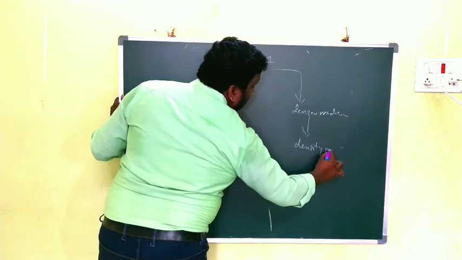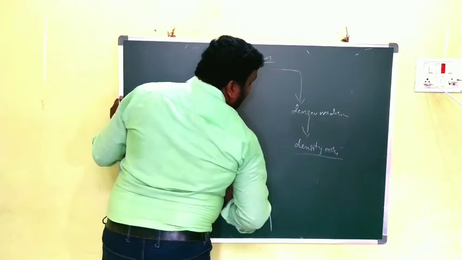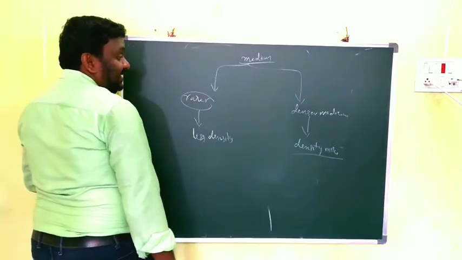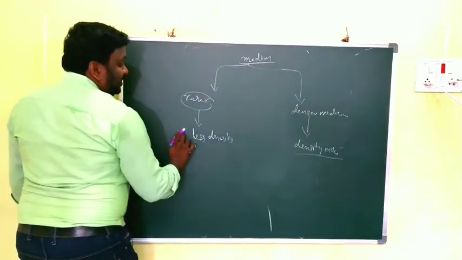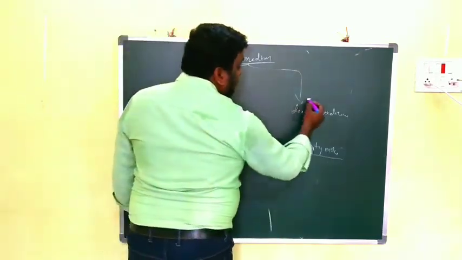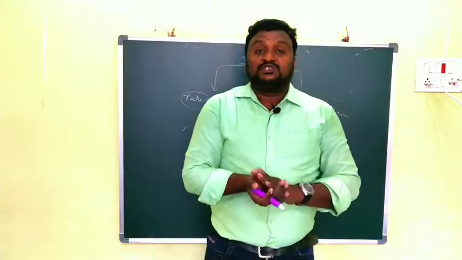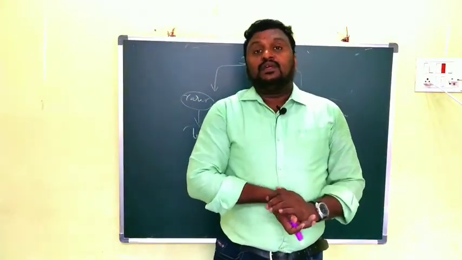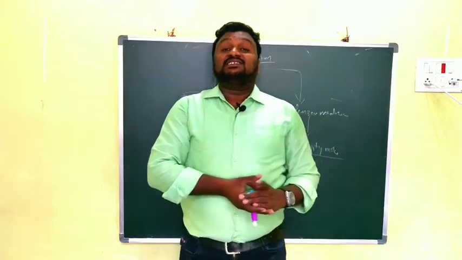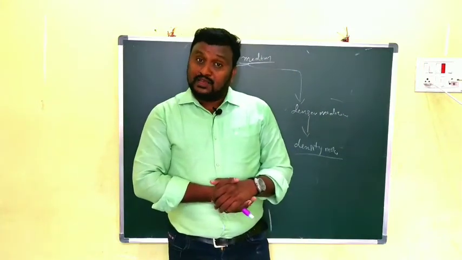Don't forget, children, these basics are very important for lifelong when you are studying about light. The medium which has more density is called the denser medium, and the medium which has less density is taken as the rarer medium.